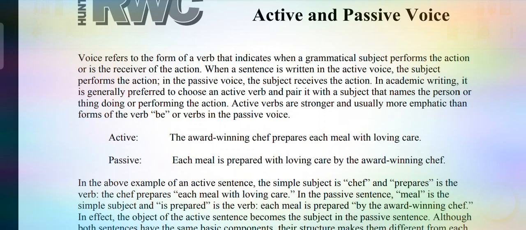Sometimes it does the action and sometimes it receives the action. In academic writing, it is generally preferred to choose an active verb and pair it with a subject that names the person or thing doing or performing the action. Next thing that we must know about the cases: subjective case, objective case, and possessive case. If we do not know the subjective and objective case, we can't change the subject into object and object into subject.